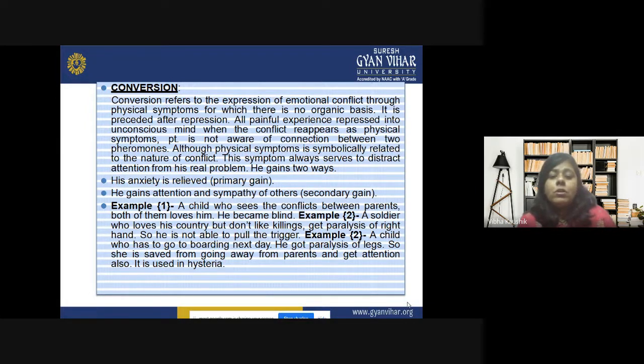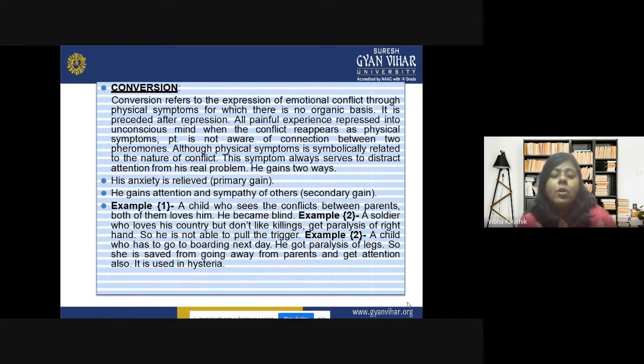A soldier who loves his country very much but does not like killing gets paralysis of the right hand, so he is not able to pull the trigger. When that happens, he does not have to kill anyone.